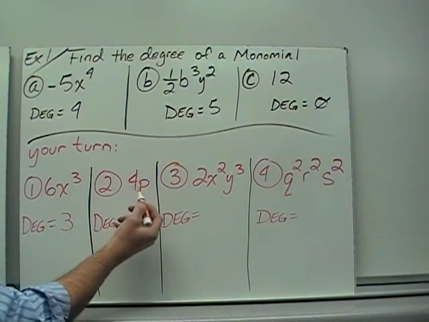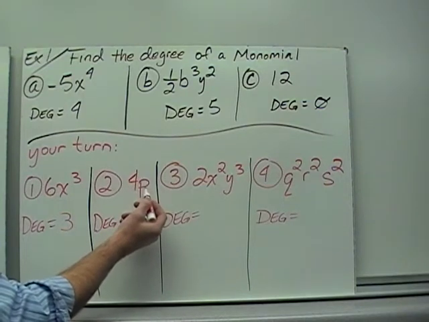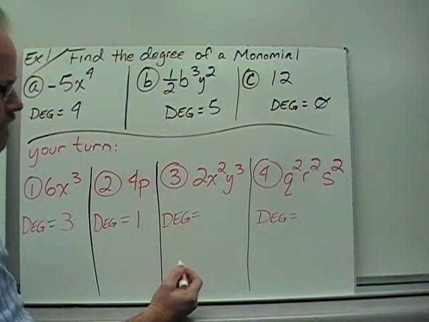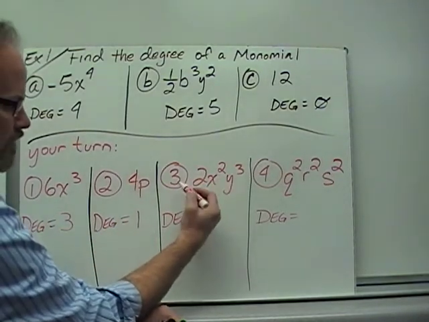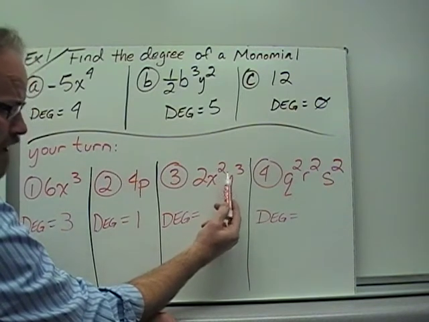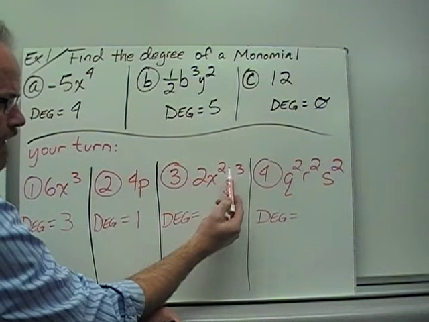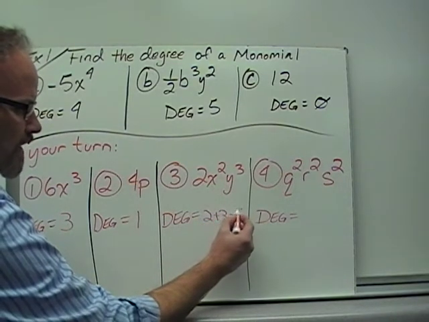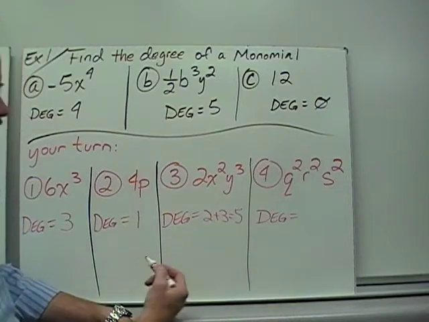Basically I have a coefficient and a variable, but I just look for the variable and the exponent is 1. My degree is 1. Here in number 3, I have an x to the second power and a y to the third power. I add those up. 2 plus 3 equals 5. That's the degree of that, 5.